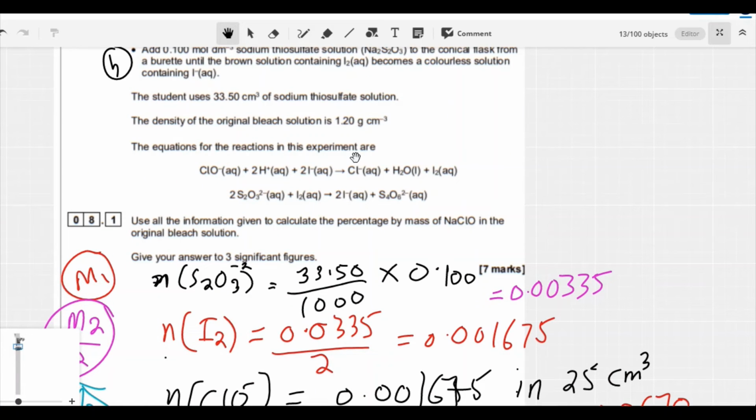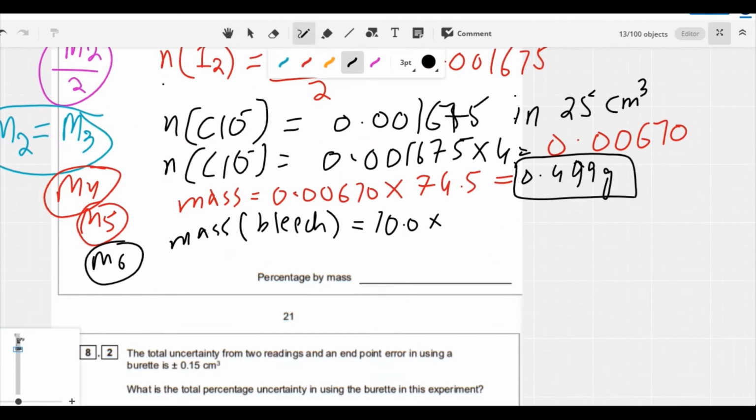We don't need to convert it into decimeter cube, because the density is already given in centimeter cube. So the centimeter cube will cancel out, and only grams will be left. So the total mass of the bleach will equal 12 grams.